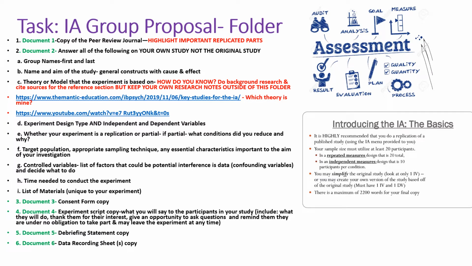The group folder will also have the different things for your appendices: for instance, the copy of your consent form, your standardized instructions, your debriefing, your data recording sheet, as well as your raw data graph that you should have. The questions that you answered about the theory and model and experimental design will be helpful when you're writing your own exploration in that section of the IA.